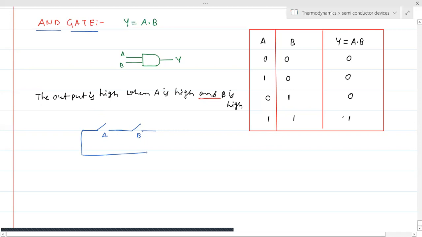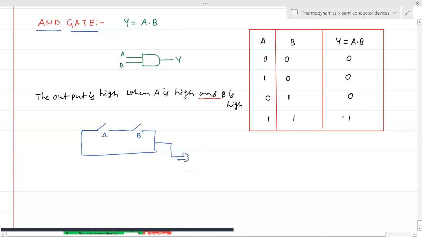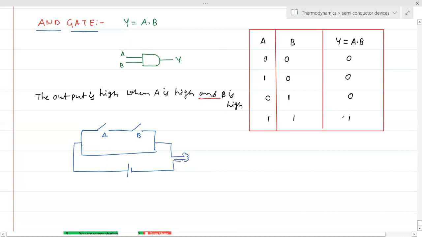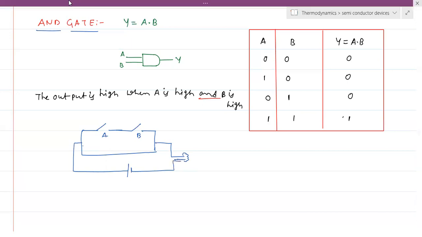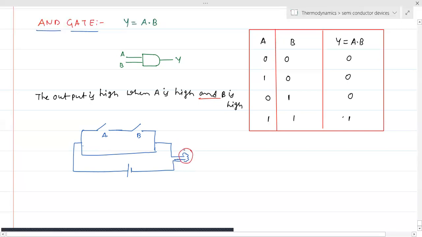This circuit is connected to a bulb, which is connected to a battery. From the diagram, it is very clear that only when A and B are both closed will the circuit be closed, and current passes to the bulb.